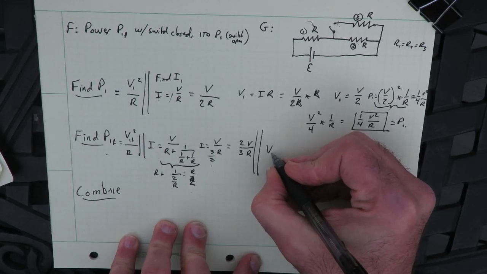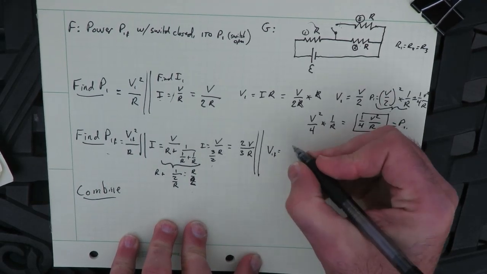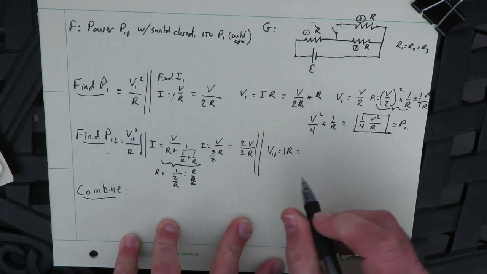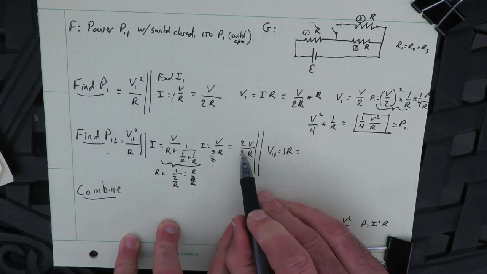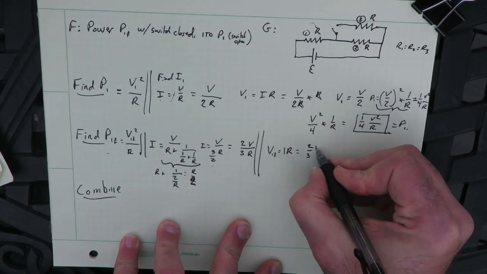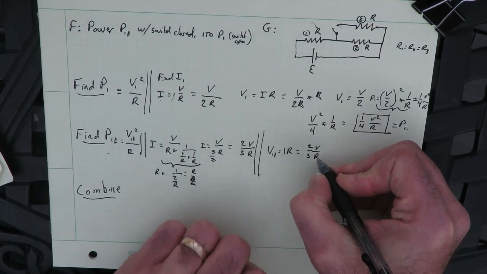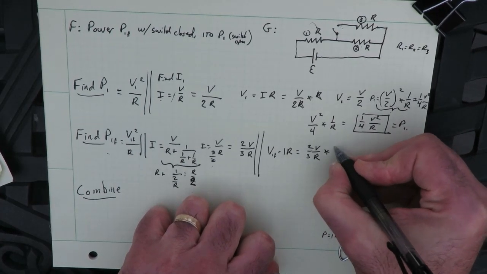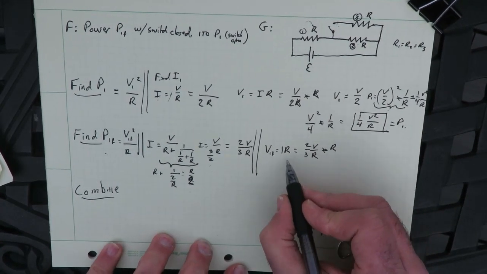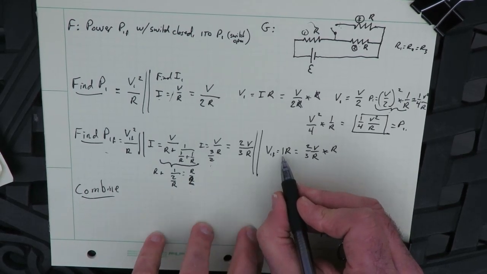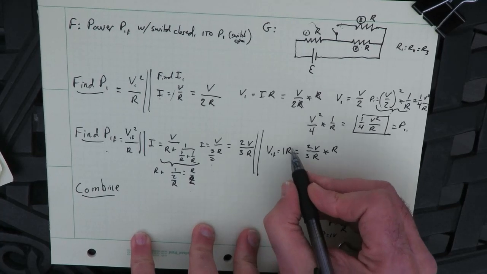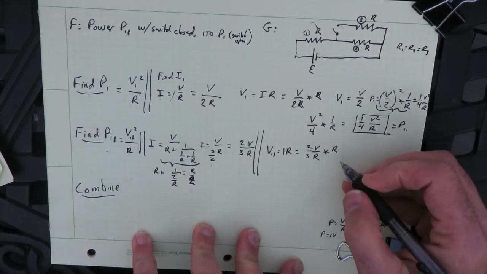So again, V1 final state is equal to IR. Since we just figured out that the current is equal to 2/3 V over R, that is 2/3 V over R times R. So this first term is the current. The second term is the R that we need from V equals IR.